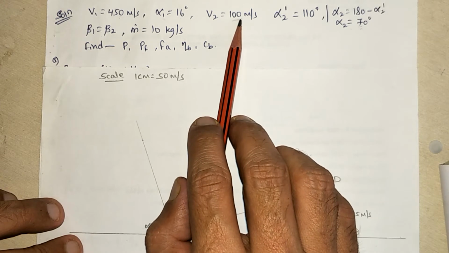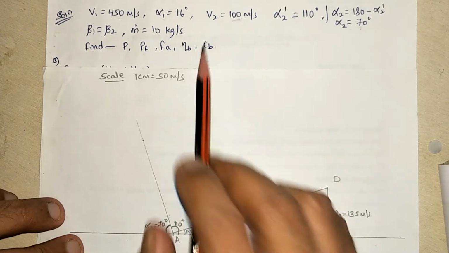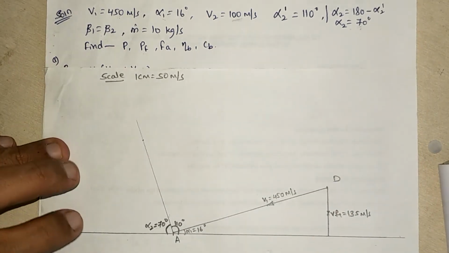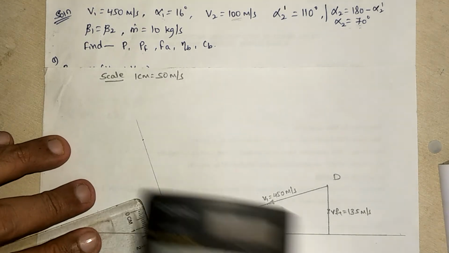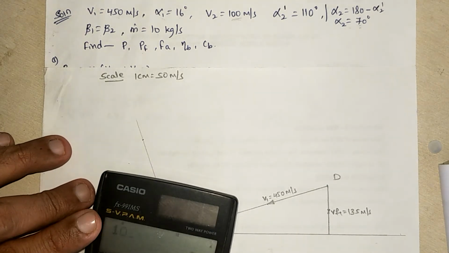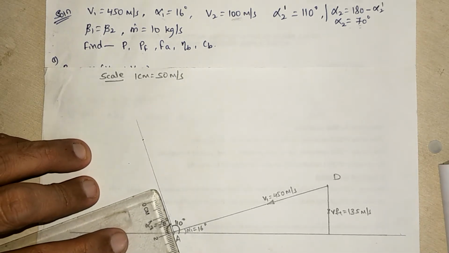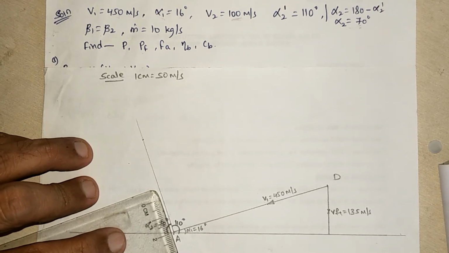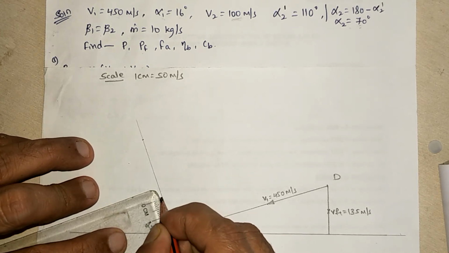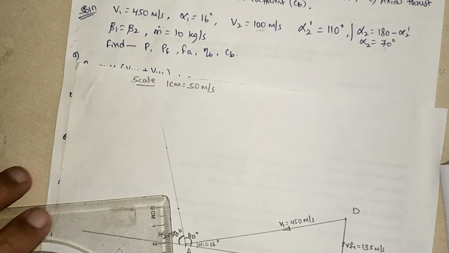To represent it on the velocity triangle, I have to divide it by the scale. So 100 divided by 50 is 2. So the length of v2 should be 2 centimeters.